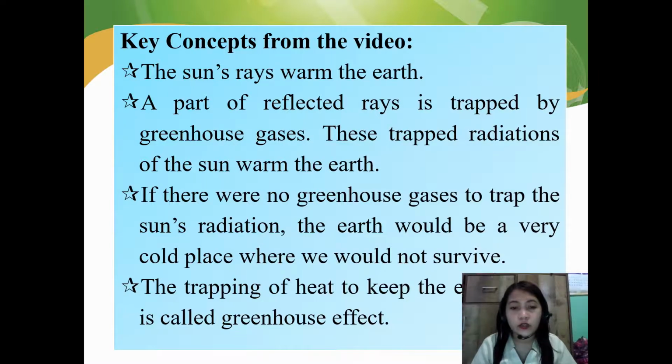If there were no greenhouse gases to trap the sun's radiation, the earth would be a very cold place where we would not survive. So greenhouse gases are also important. And the last concept, the trapping of heat to keep the earth warm is called greenhouse effect. So that is the greenhouse effect.